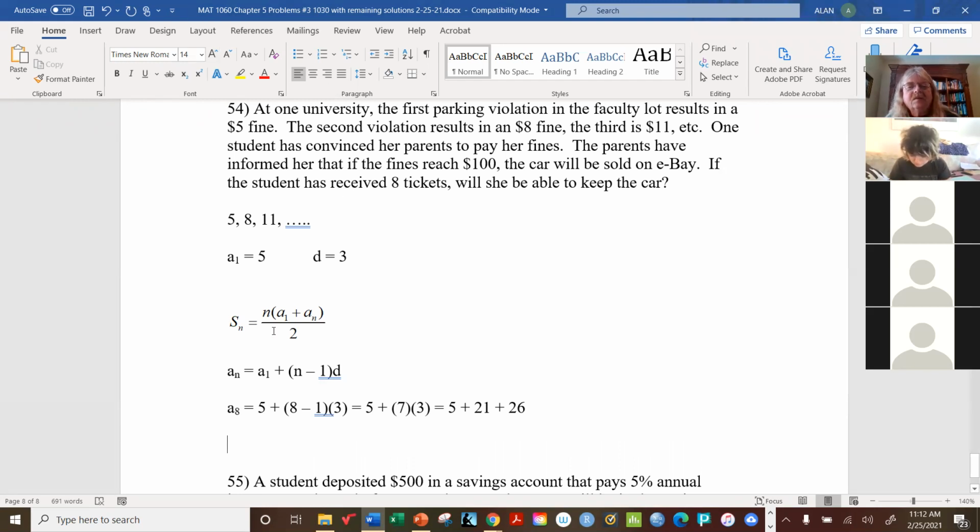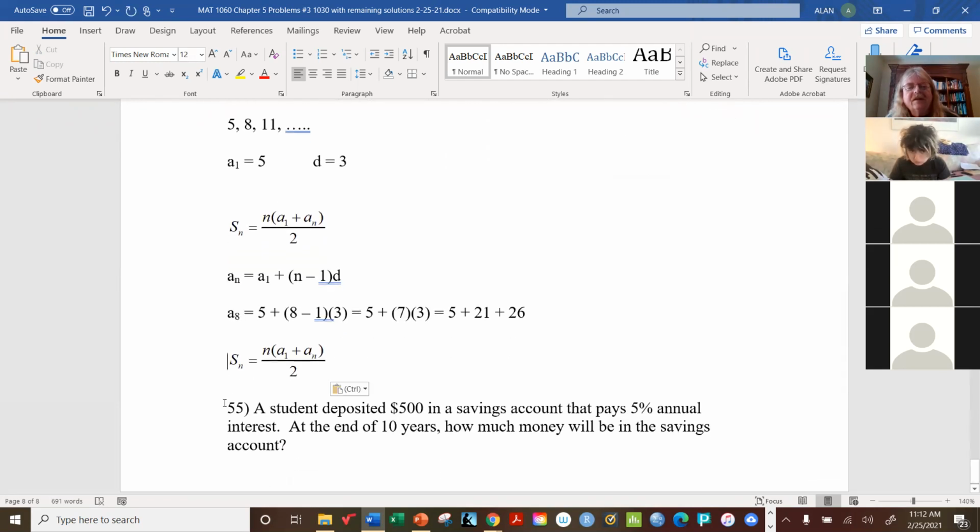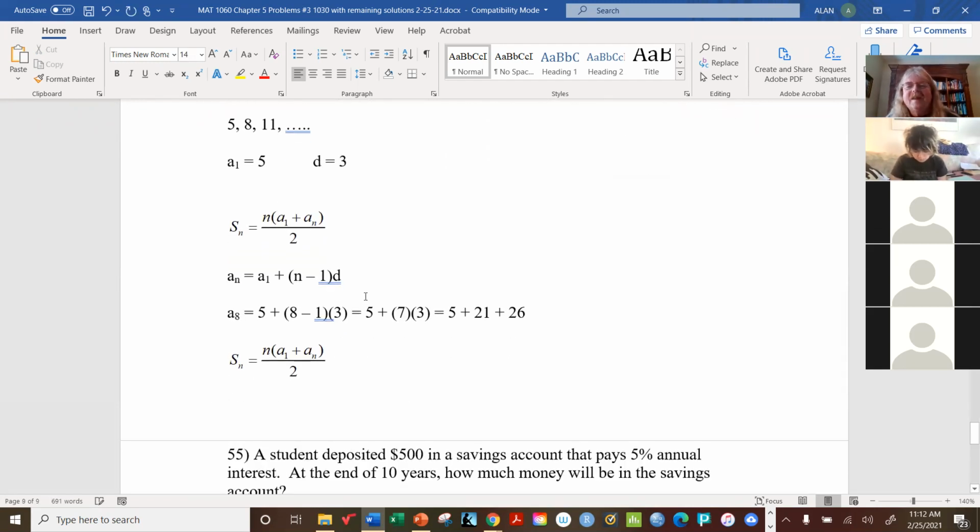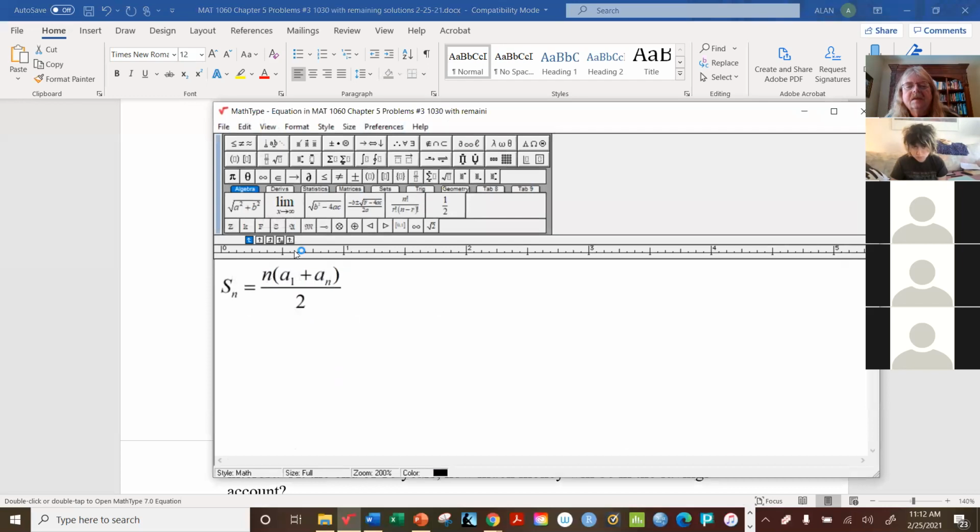So let's plug our numbers into here. Oh boy, I think somebody's going to be getting a lot of exercise this semester. So we've got S8 is 8, and then we have 5, and the last ticket was 26.